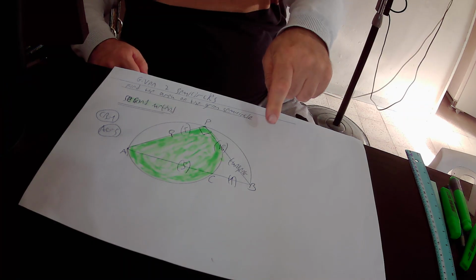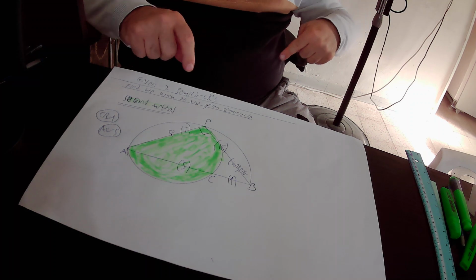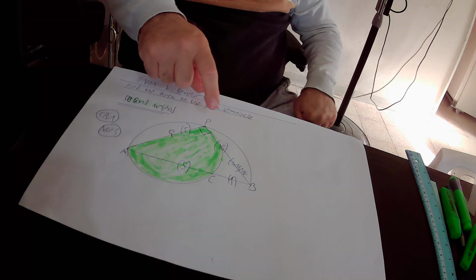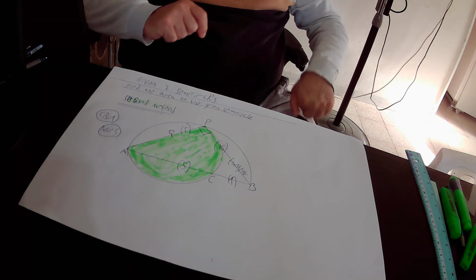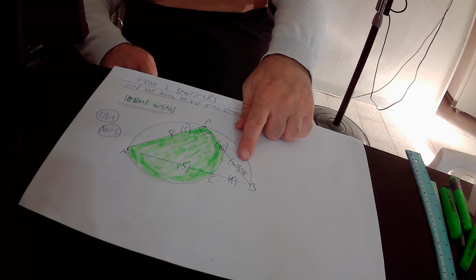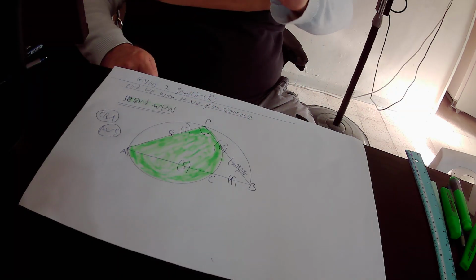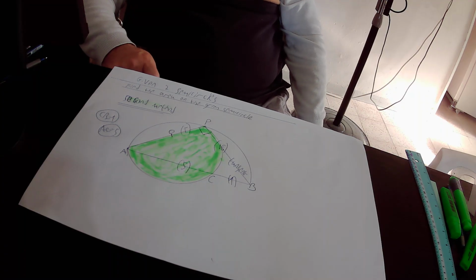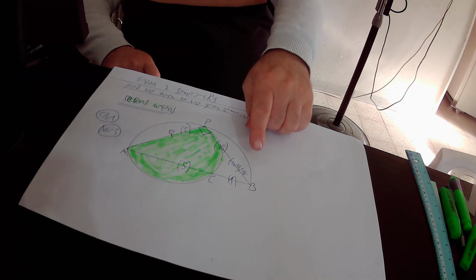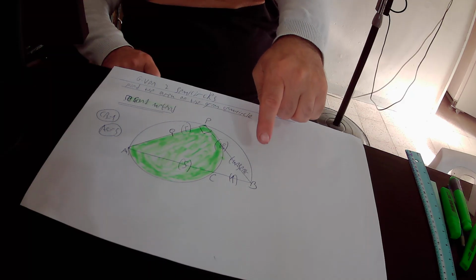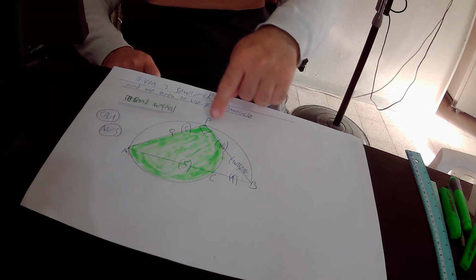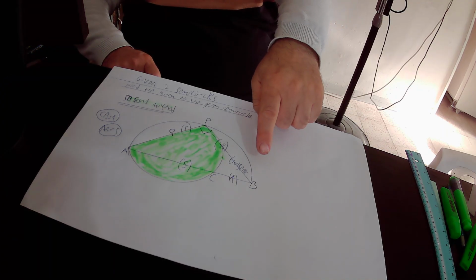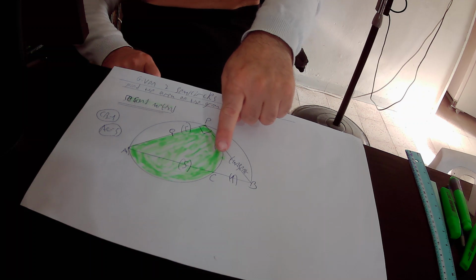Okay, so you can see here that line segment BP is a tangent to the green semicircle at point P. In addition, from the same common external point B, we have tangent BP to this green semicircle, and we also have here chord CA.